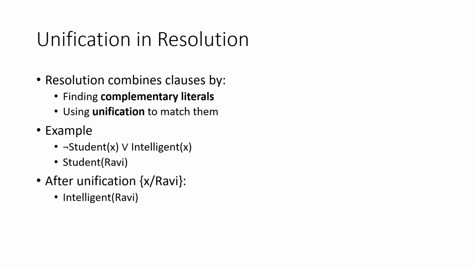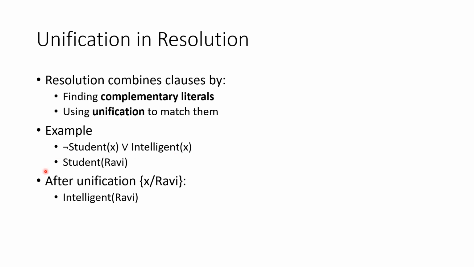the resolvent. For example, it is given: not student(X) or intelligent(X). That is one clause. The next clause is student(Ravi). If we compare these two, then we cannot remove the complementary literals. But if we consider X as Ravi, then the first clause becomes not student(Ravi) or intelligent(Ravi). Then we can compare the complementary literals student(Ravi) and not student(Ravi), and the resultant after substitution will be intelligent(Ravi).